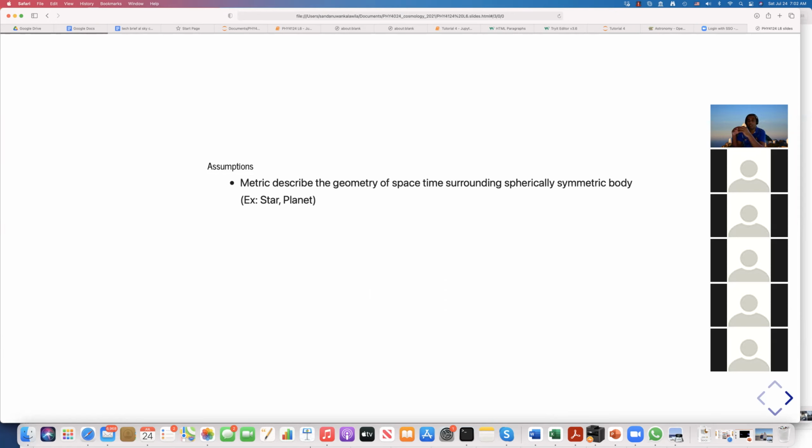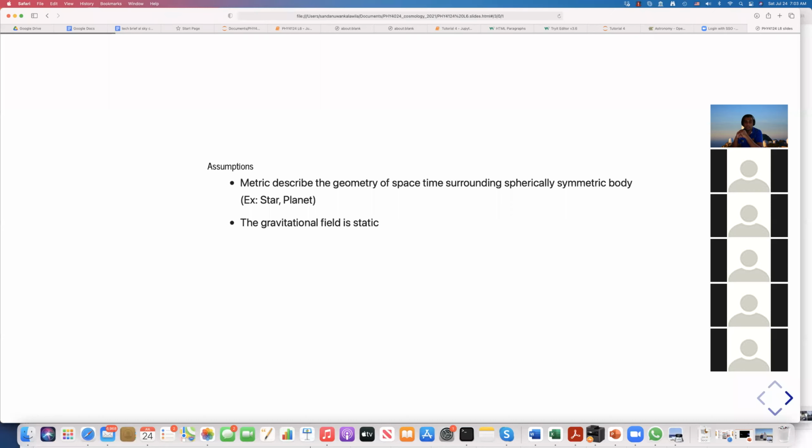So we assume that when we derive this spherical metric, it describes the geometry of space-time around a spherically symmetric body. For example, we assume that a particular star or a planet has this spherical symmetry, right? Which means from each side you look at it, it looks the same.